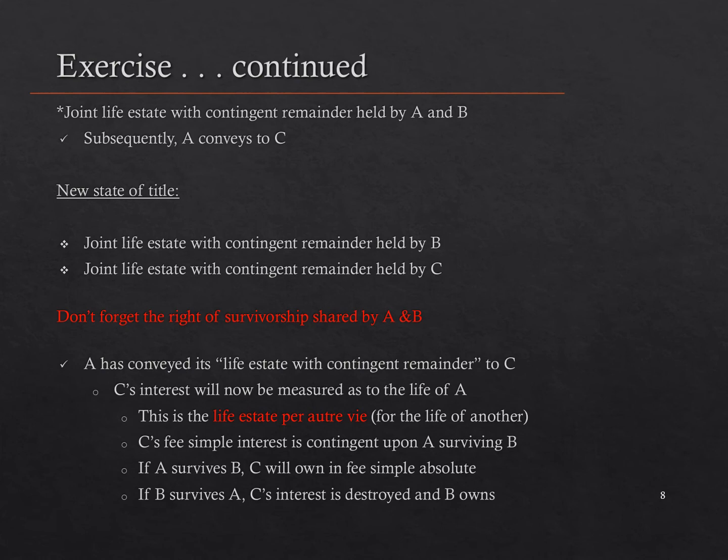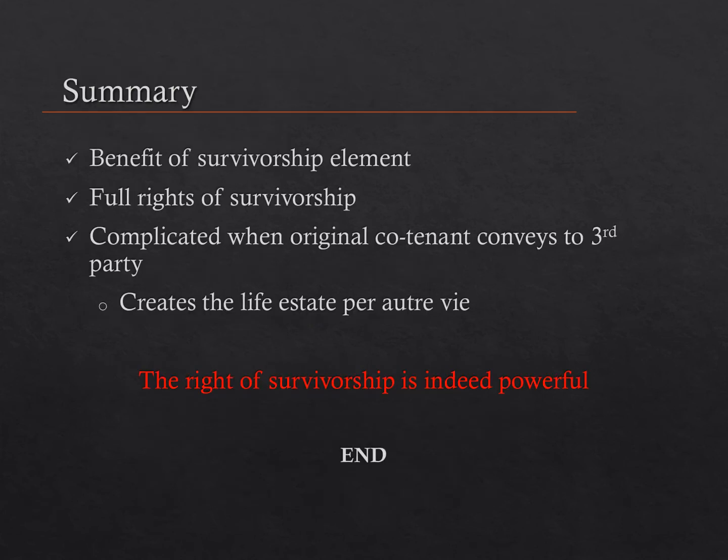Imagine the surprise that C may have when they realize that their interest has been wiped out when they thought they had a fee simple ownership interest. Very powerful, very technical. So again, to summarize, this estate offers the benefit of the survivorship element.